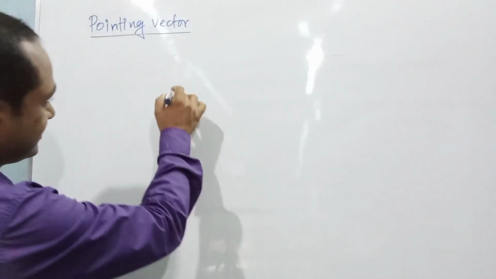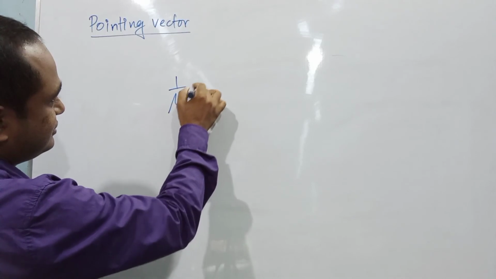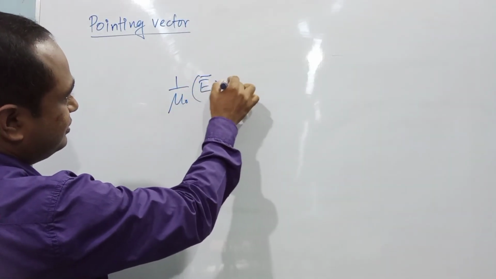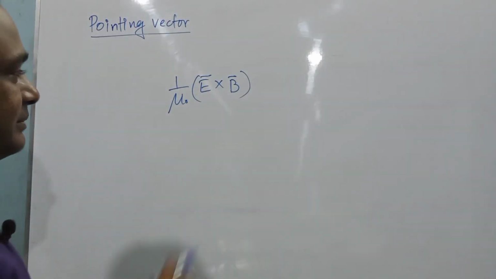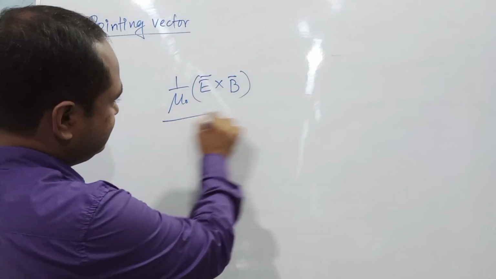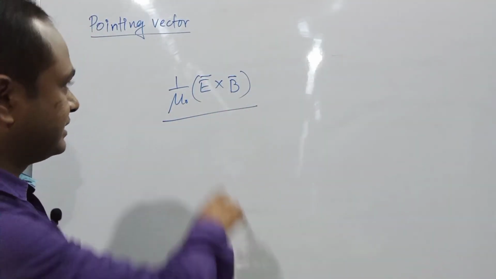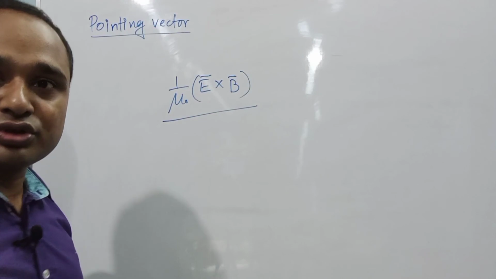So British scientist Henry Poynting showed that the energy transferred by an electromagnetic wave through unit area of a plane placed in the perpendicular direction to the propagation of electromagnetic wave in unit time is denoted by 1 by mu naught into E cross B. Here E is the electric field and B is the magnetic field. So this indicates a vector. Here E cross B is the cross product of two vectors.